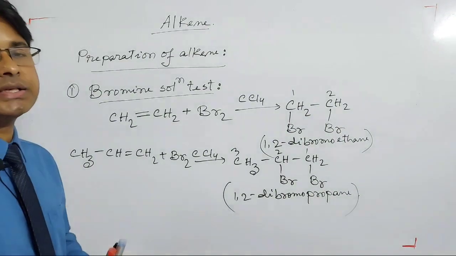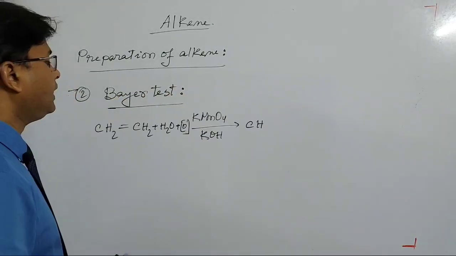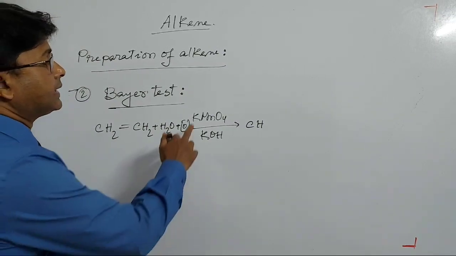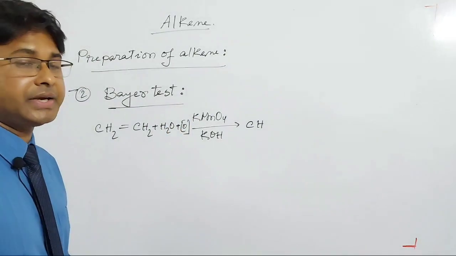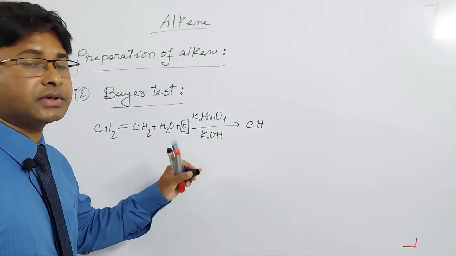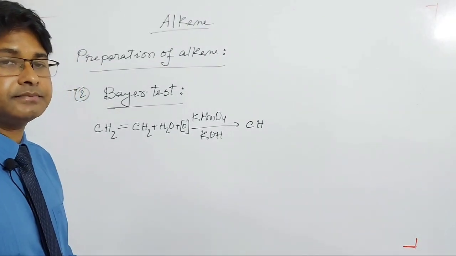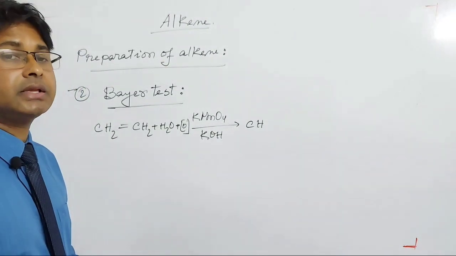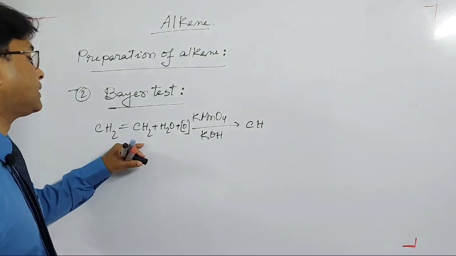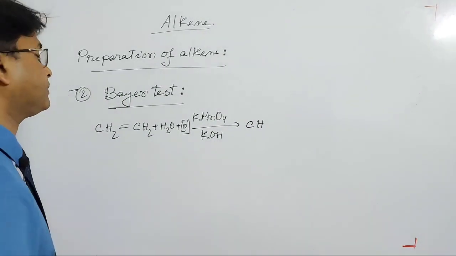And the second test is the Baeyer test. If pink color alkaline potassium permanganate is added to alkene, then the pink color of alkaline potassium permanganate will disappear, which confirms the presence of a carbon-carbon double bond, I mean unsaturation.